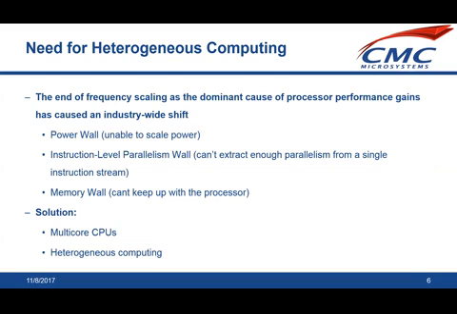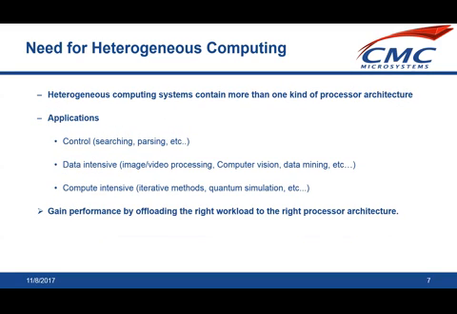This is due to the different obstacles that we faced during frequency scaling, including the power wall: we are not able to scale power. Instruction level parallelism: we can't extract enough parallelism from a single instruction stream. And the memory wall: we can't keep up with the processor. And this is the main motivation why we shifted to multi-core and heterogeneous computing.